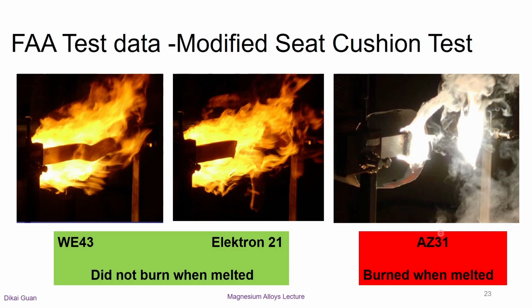Magnesium Elektron started producing compliant seats with major structural components made from WE43. These seats provide a significant weight reduction compared to commonly used aluminum alloys, and the first batch is scheduled to enter service in the near future.